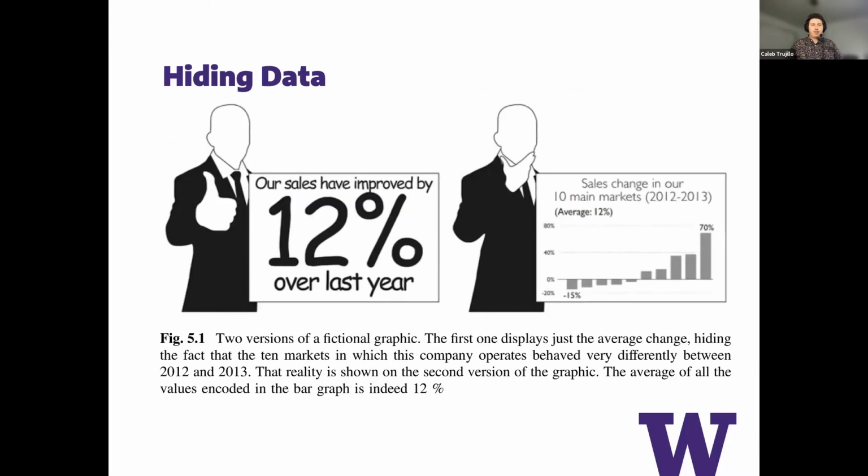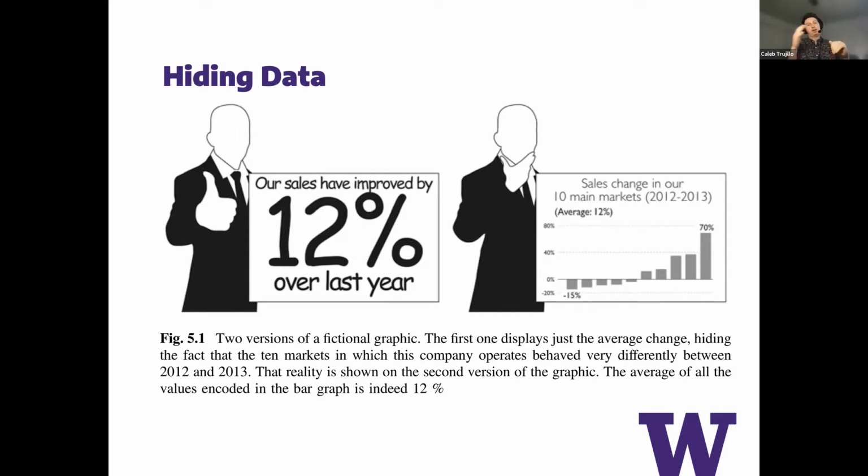All right, so for instance, let's look at this graph and it says our sales have improved by 12% over the last year. So oftentimes you see advertisements like this where it's one single figure or one single number that exemplifies just how good things are. But if you were to zoom in and look at sales changes of our 10 main markets, you would realize that there's actually a distribution across the markets.